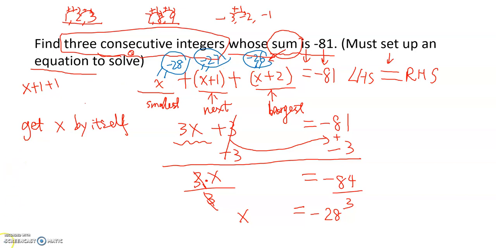We have standard steps to solve a word problem. When I started doing this, I started with this equal sign here. But usually we look for the unknowns. What are we solving for? For example, find 3 consecutive integers.